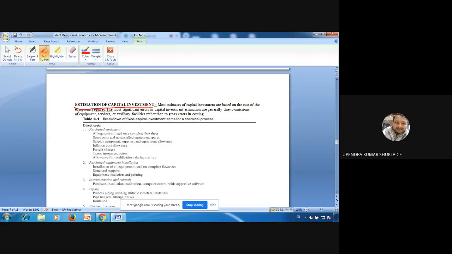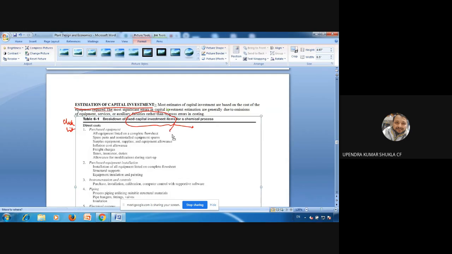Now if we talk about fixed capital investment, leave the working capital aside, because working capital is a day-to-day requirement. But the fixed capital investment items that we will consider, here is the checklist that you need to check. So fixed capital investment, I have divided it into two parts.